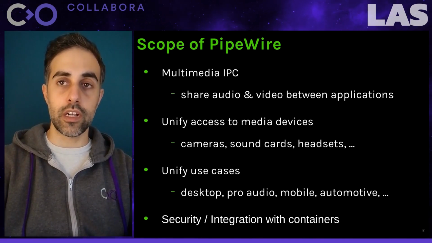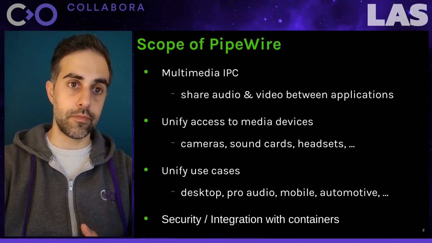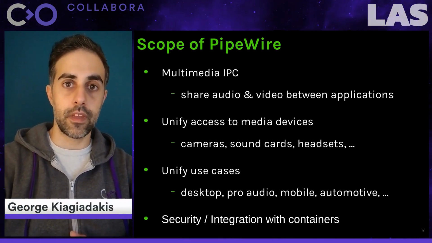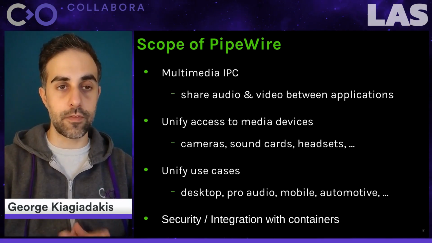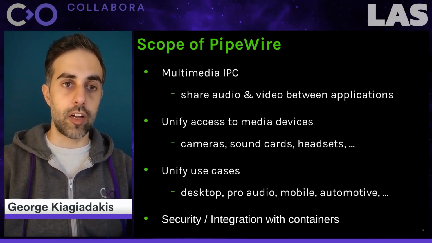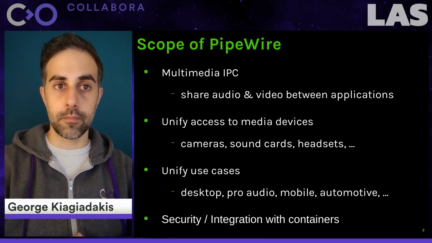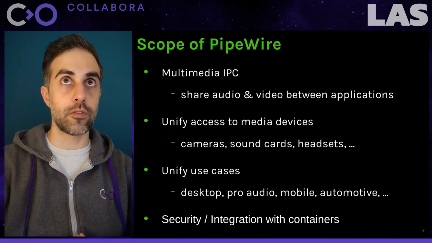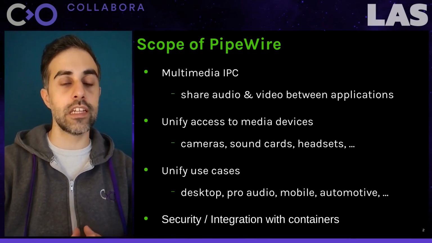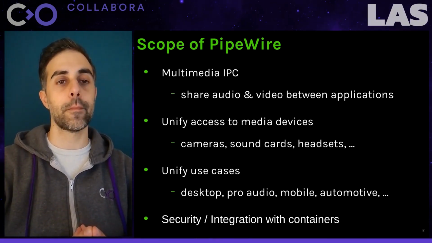Another goal of PipeWire is also to unify the use cases around multimedia applications, having a single API and a single means of them presenting themselves to the user. So in the past we had, for example, PulseAudio that was meant to drive the audio for the desktop use case and to some extent also the embedded use case.